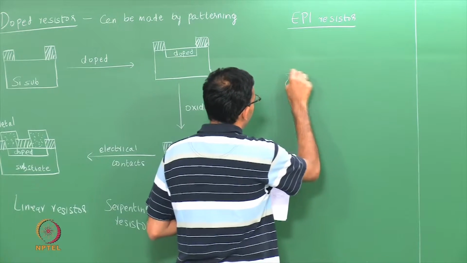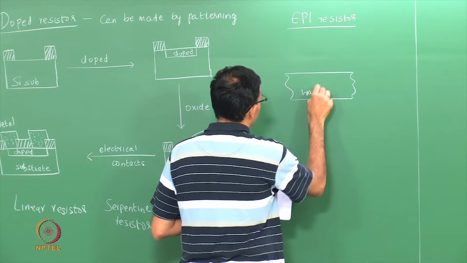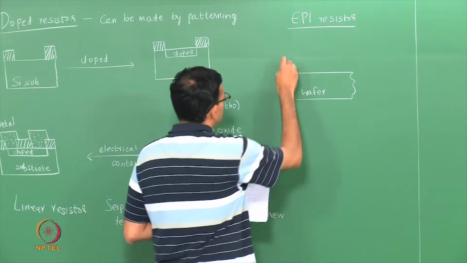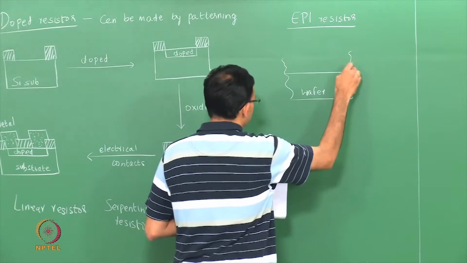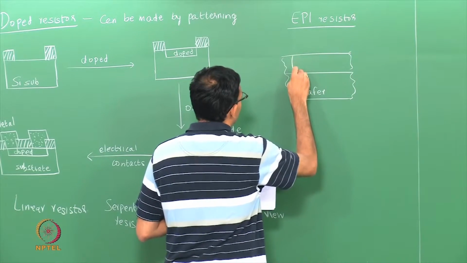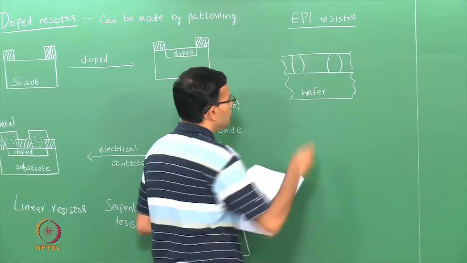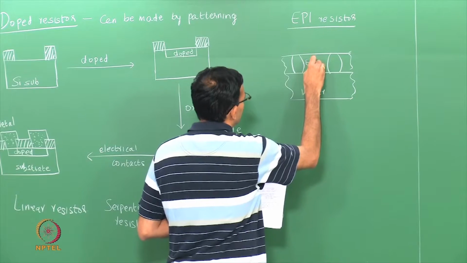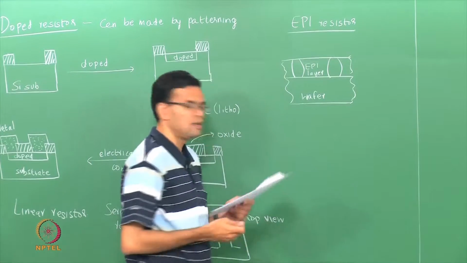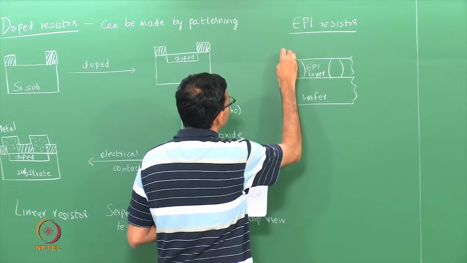So, you have the wafer, there is an epitaxial layer that is grown, typically that is silicon. This is then isolated, usually by some sort of etching, so that you have an epi layer that is isolated, and then contacts are made to this epi layer.